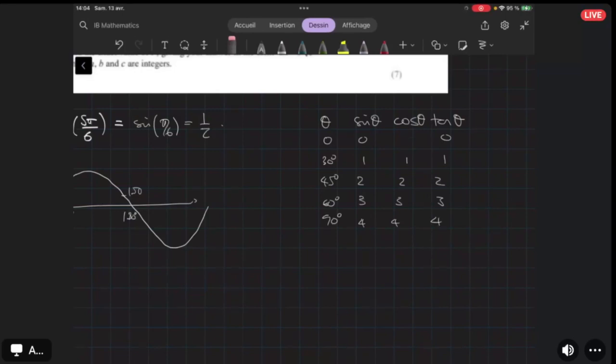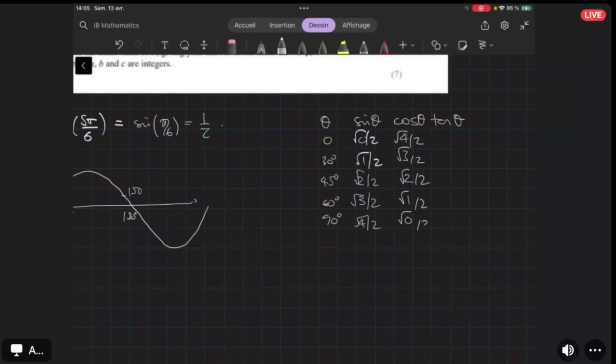For sine, we start with 0, 1, 2, 3, 4. Take the square root, divide by 2. For cos it's opposite. So 4, 3, 2, 1, 0. Take the square root. Divide by 2. Tan is sine over cos, so I wouldn't bother memorizing them.